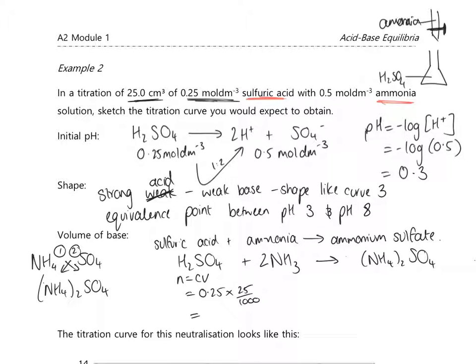That gives you a number of moles of 0.00625. And I want to work out how many moles of ammonia would react with that. So bring it over to my ammonia. What's my ratio? 1 to 2. So it's going to react with 0.0125.